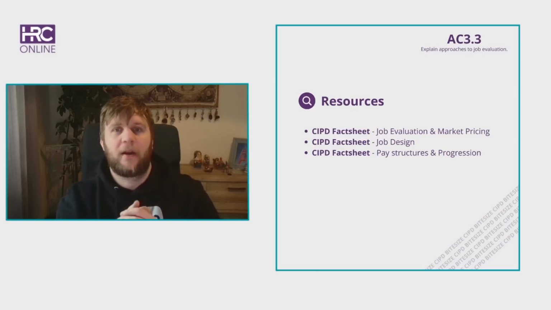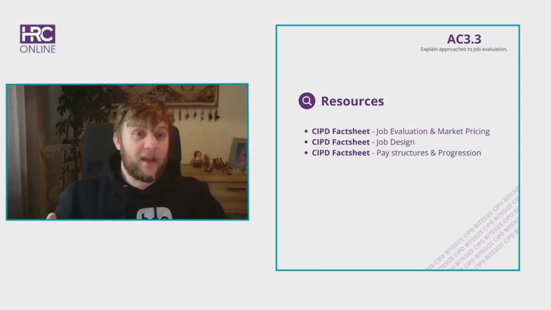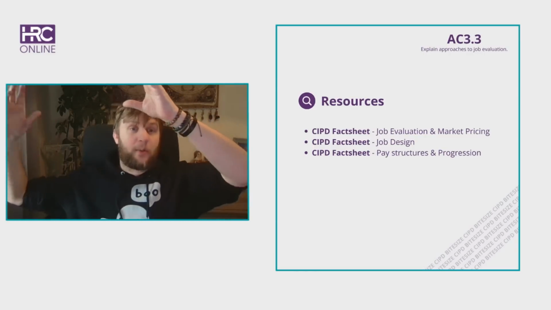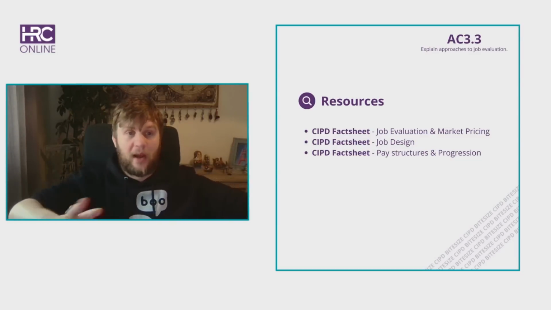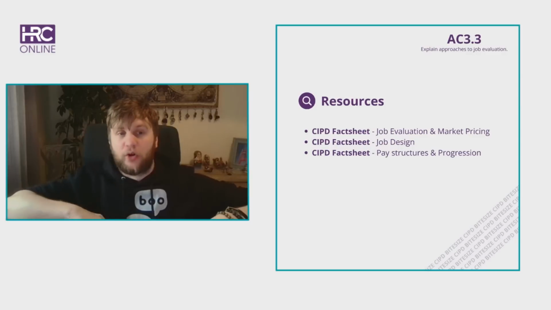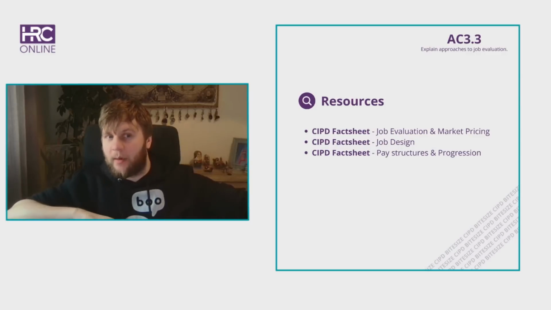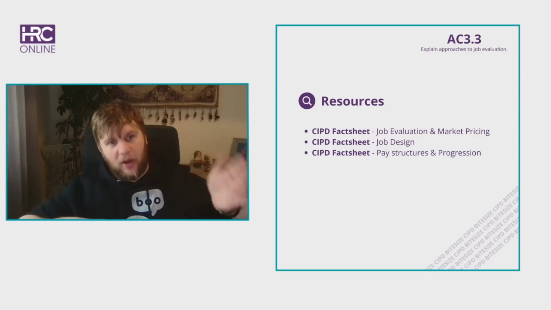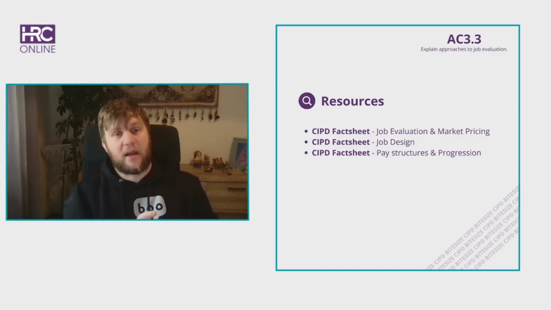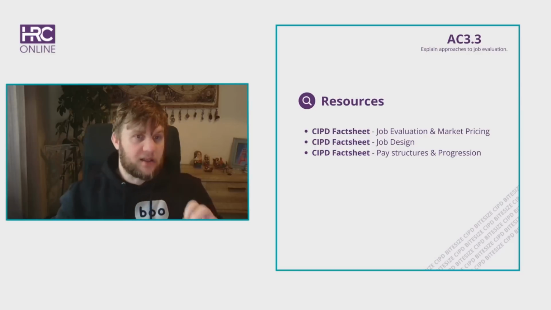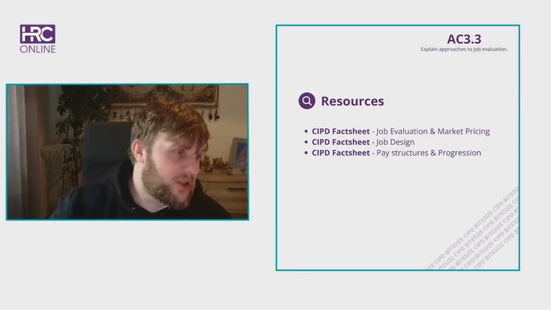Seems simple enough. And the way you lay your work out is you write AC 3.3 up here, approach to job evaluation one, approach to job evaluation two, whatever it may be, up to 150 words max, ideally about 100 words. Might as well put some in the back pocket for some of the more chunkier questions. And that's how we're going to approach it. Nice, simple. We're going to explain approaches to job evaluation.